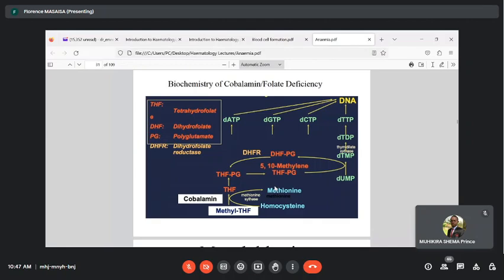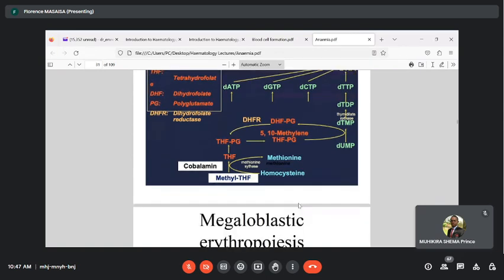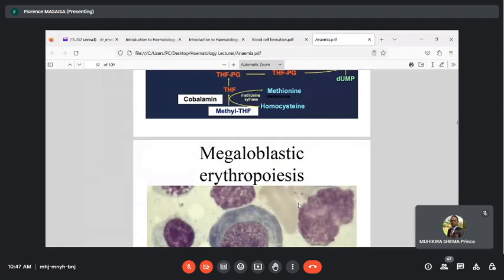So what will happen when there is deficiency in either vitamin B12 or folic acid is that this mechanism will be decreased or inhibited, so there will be a tendency to have an increase of homocysteine. Homocysteine, when it is increased in the body, may also cause a risk of developing deep venous thrombosis. So remember, if you have someone with a deep venous thrombosis, remember to screen for vitamin B12 deficiency or folic acid deficiency.